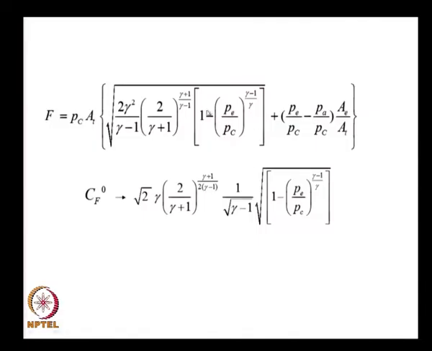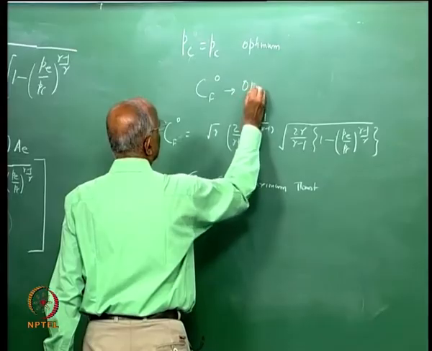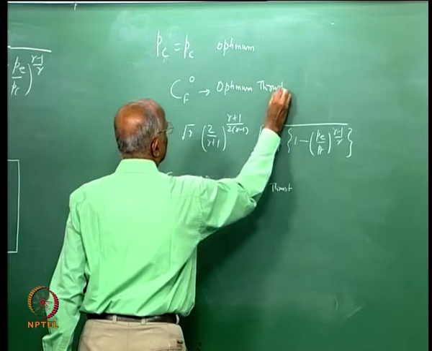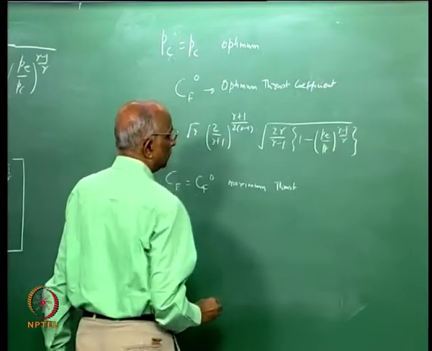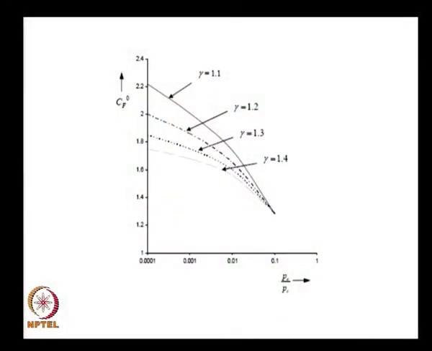All we did was, this is the value we derived and this is the value we get for the optimum value. I took gamma minus 1 outside over here, and now if I take a look at the optimum value of Cf, which I call the thrust coefficient, that is, Cf is the thrust coefficient, Cf0 is the optimum thrust coefficient. What do I find?